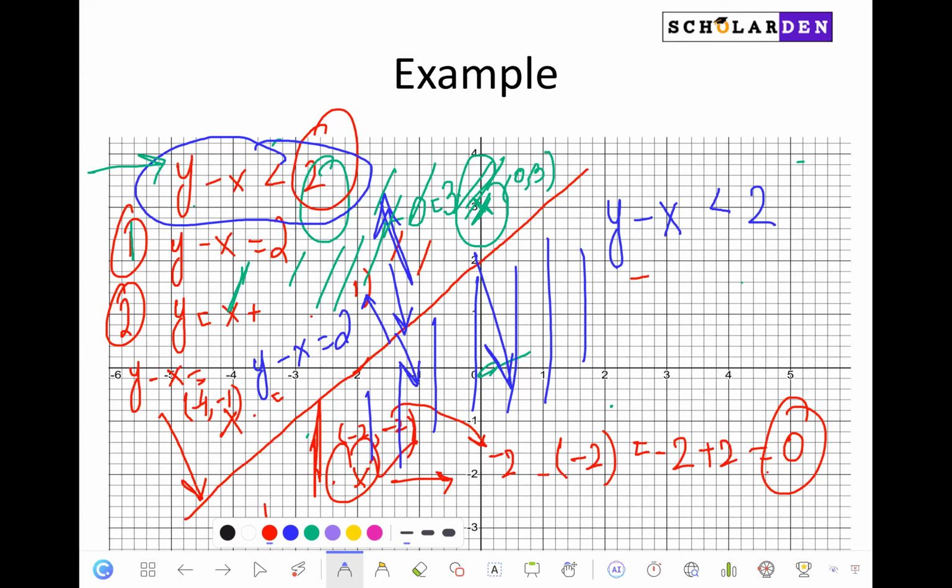I'm going to write this over here, -4 and -1. Let's do y minus x and see whether it is indeed less than 2 or greater than 2. So -1 minus, so this is your y, and this is -4. So this is going to be -1 plus 4, which is equal to 3. And this is greater than 2.